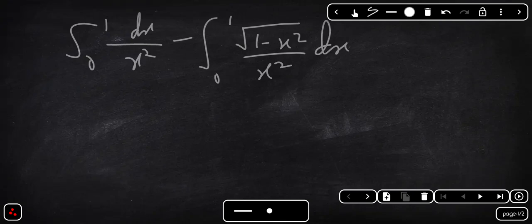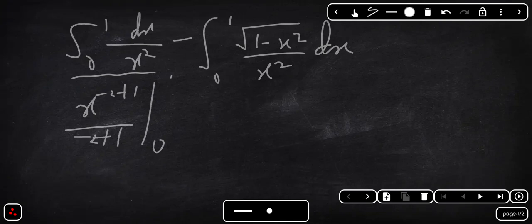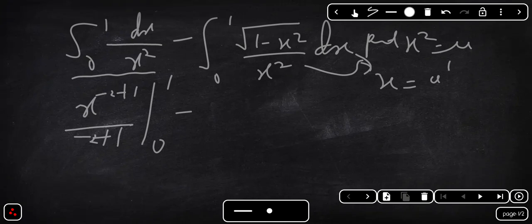So this integral, if you integrate, will be x raised to minus 2 plus 1 over minus 2 plus 1. Then you apply your limit 0 to 1. Minus, then here I'm going to make a substitution. We can put x squared to be u. So if x squared is equal to u, then x will be equal to u raised to 1 over 2.